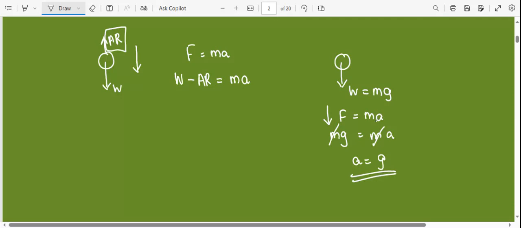Okay, so that means when an object is falling without air resistance, like in a vacuum, where there are no air particles, and a vacuum is an empty space, it will be falling with g acceleration. We discussed that the g value is 10 meters per second squared. Is it clear up to this point?